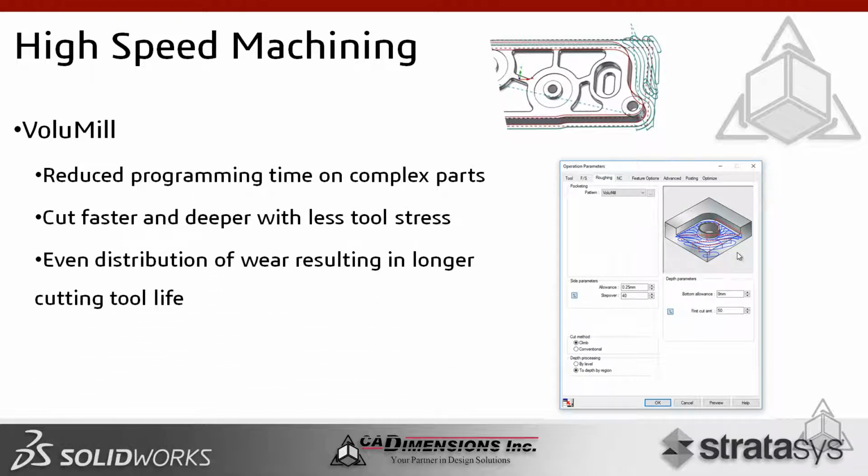Basically, it creates an even distribution of wear on the tool by doing radius cuts. So what you'll notice in some of these tool paths up here is it's just doing these long radius tool paths. In this case, it's going back and forth. You can have it just maintain a specific climb or conventional cut, and it really does extend the tool life.